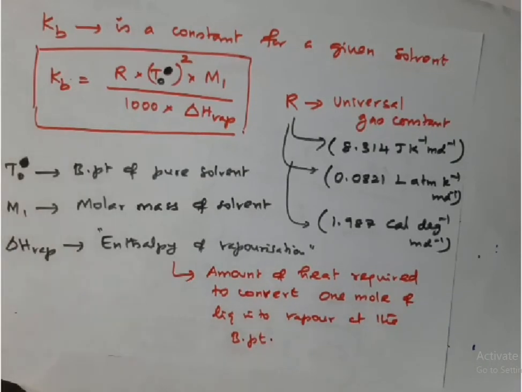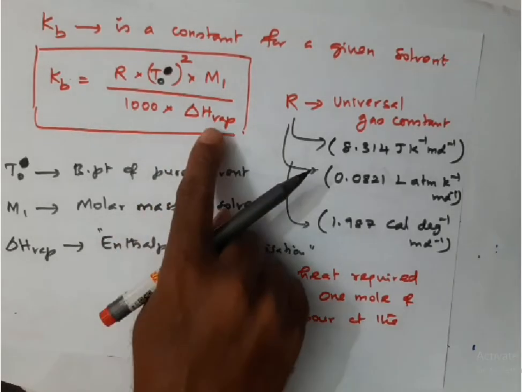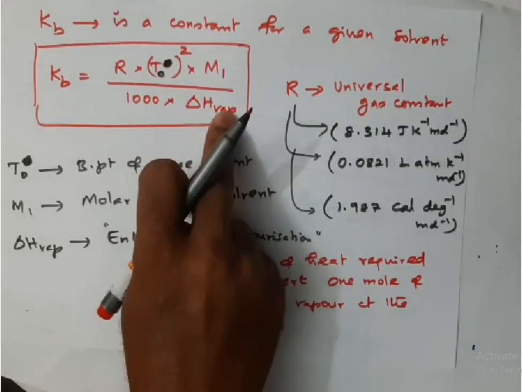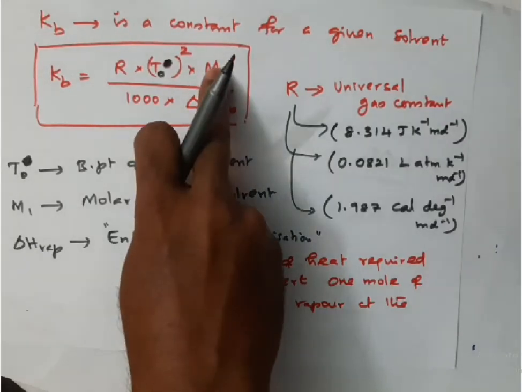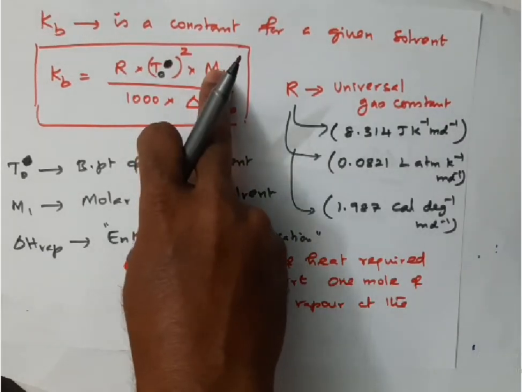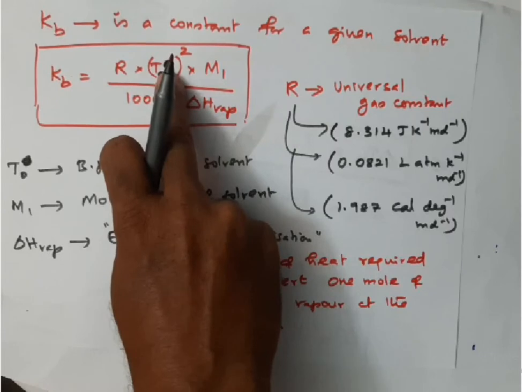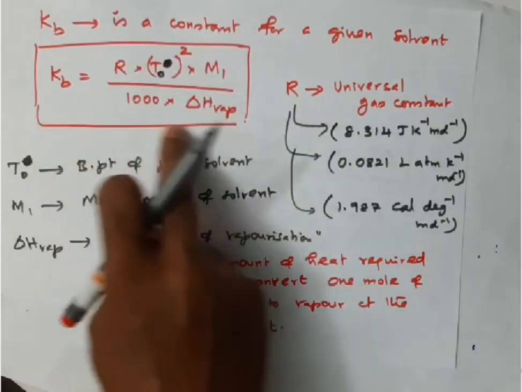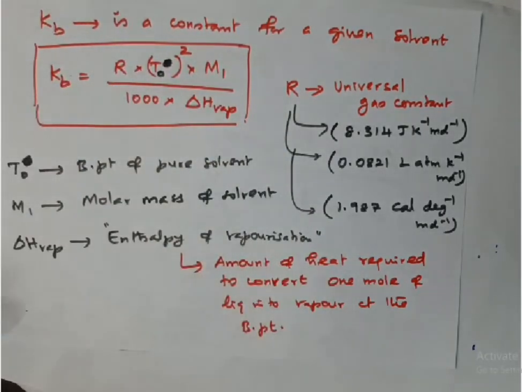So at the boiling point, to convert 1 mole of liquid into vapor, how much heat is required? That is nothing but enthalpy of vaporization. So you take the enthalpy of vaporization here and put the molar mass of solvent and boiling point of solvent. If you substitute all the values, you will get the value of Kb.